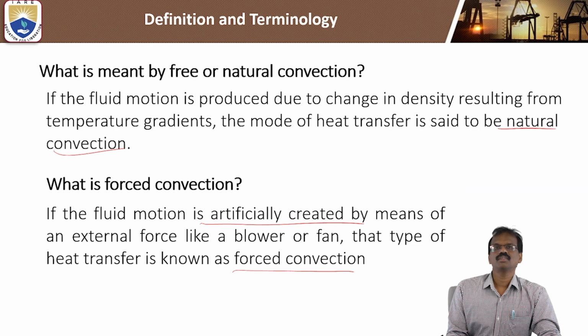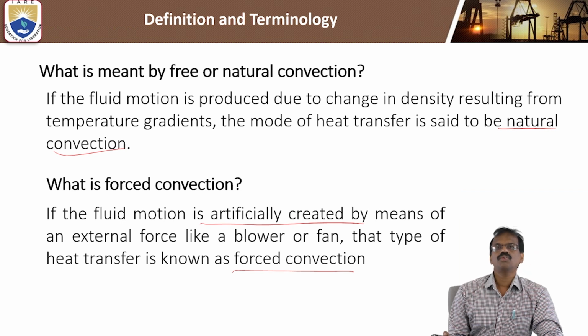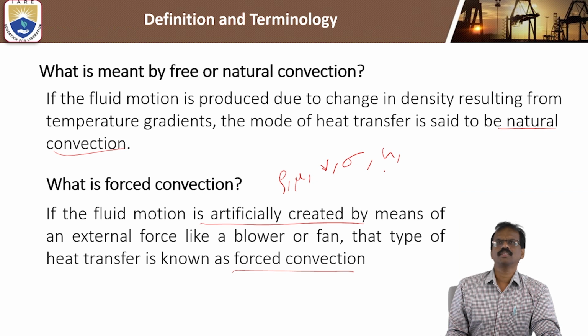In convection, it means fluid motion. For the study of fluid motion, we have to consider all the properties of the fluid. Fluid has many properties like density, viscosity, kinematic viscosity, surface tension, and heat transfer coefficient. Many parameters are there.